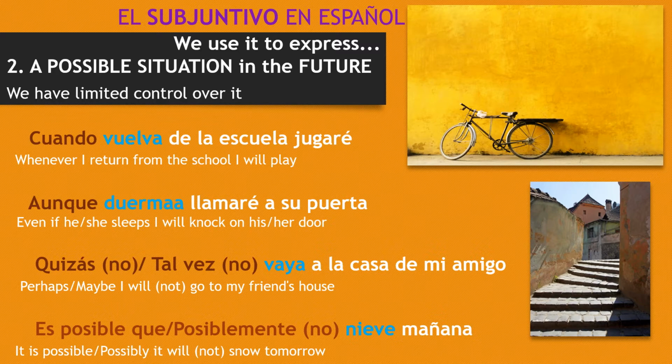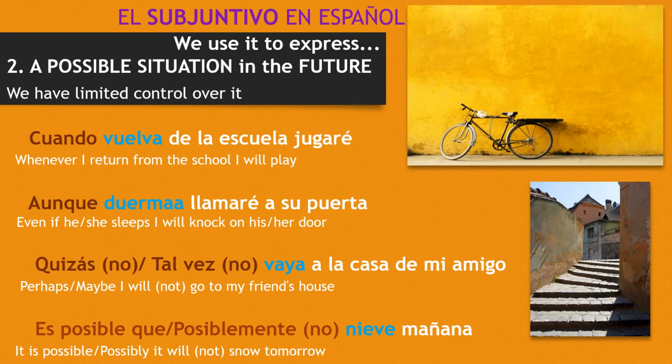Subjunctive again, vuelva, notice that A ending. Whenever I return, I don't know when, I don't know if I will return. Whenever I do, I will play. This is a possible situation, a future situation that we don't know exactly, we're not certain about when it will happen. That's why we use this subjunctive always after cuando, okay?